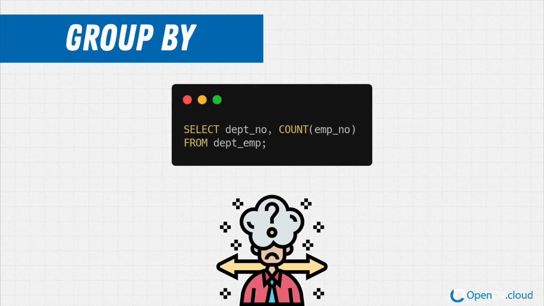Well, right now, how we would think of it in our head, the mental model, you would be like, hey, Mo, I'm just going to select the department number, and then I'm going to count the employee number from department employee. Then I know how many employees are in each department, right? Let's try that out.